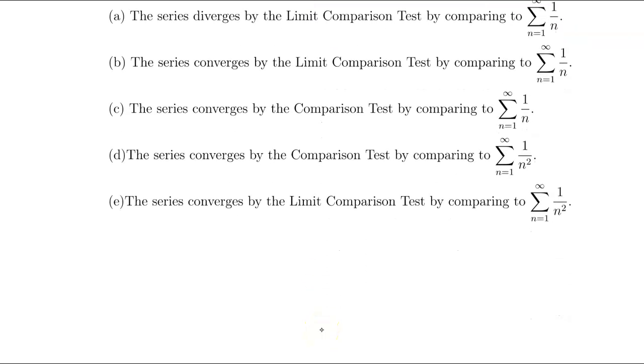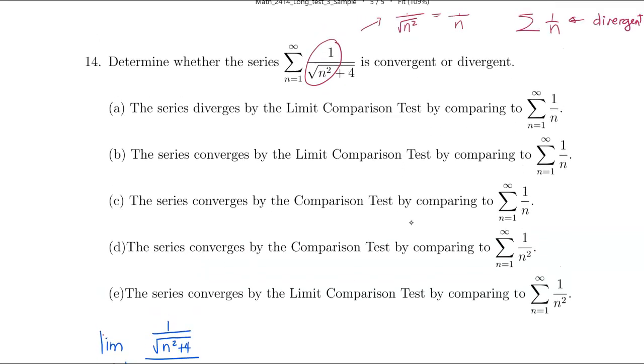Okay, so if you use the limit comparison test, all you need to do is take the limit as n approaches infinity of a sub n, which is 1 over the square root of n squared plus 4, divided by the series that you're trying to compare this to, the known divergent series.